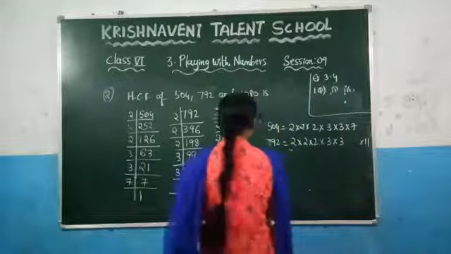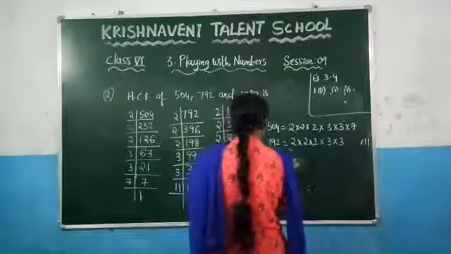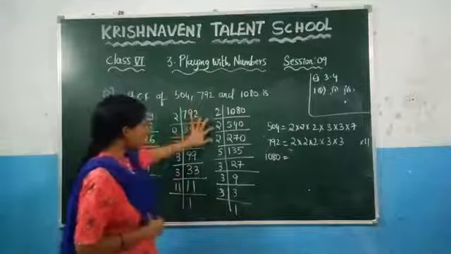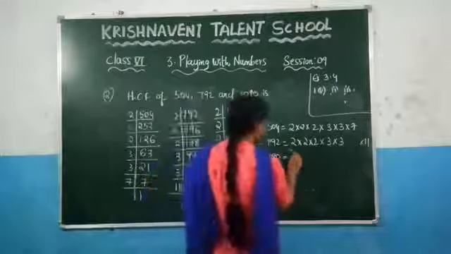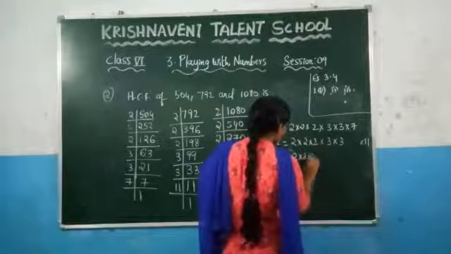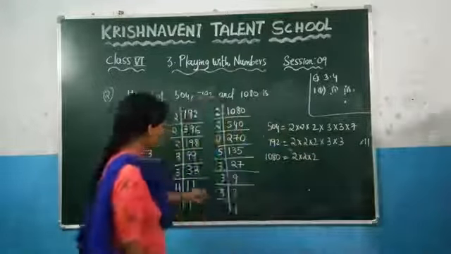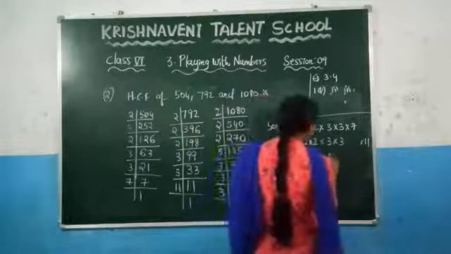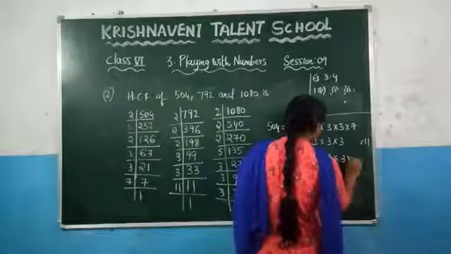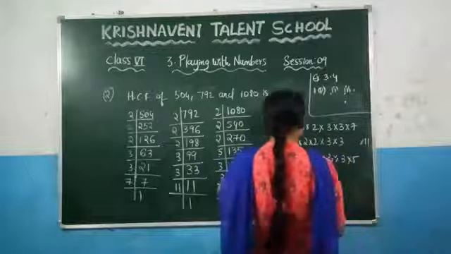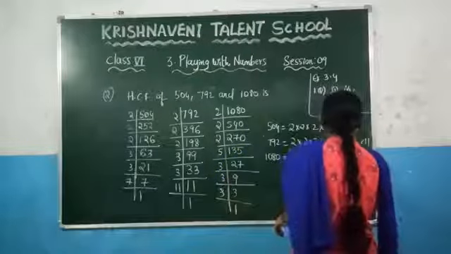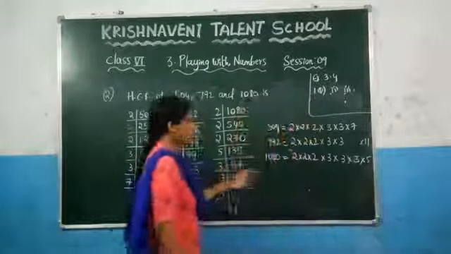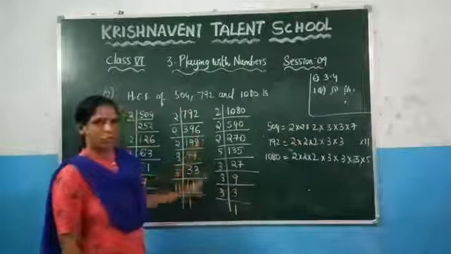So write it separately and after that 1080. Now check it here. How many 2s are there? 1, 2, 3. So write it here 2 into 2 into 2, and after that how many 3s are there? 3 3s. Write it here 3 into 3 into 3 and into 5. How many times is 5 there? 1 time. So we have written all these numbers as a product of the prime numbers.